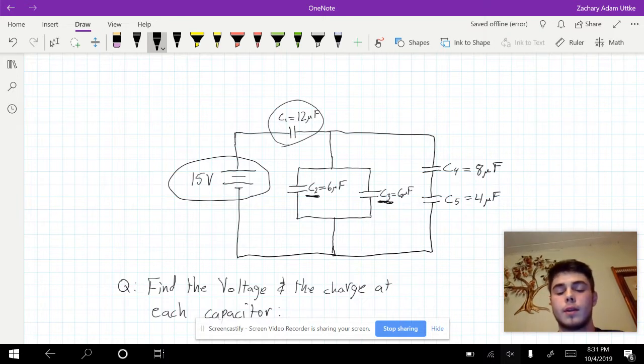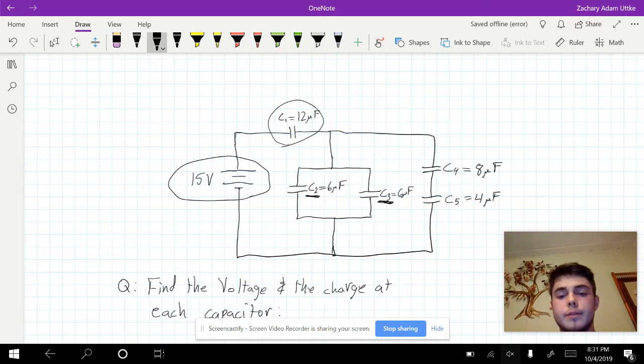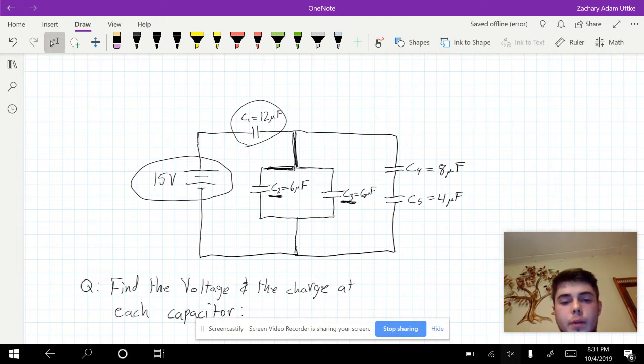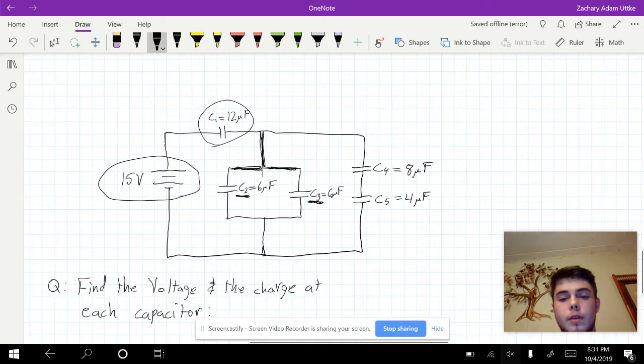So the way to recognize these is these are in parallel because they're on separate wires. Okay, so there's this main wire right here, and then it splits off in two directions, and they're parallel from each other. Now these capacitors right here, C4 and C5, are in series. They're on the same wire.